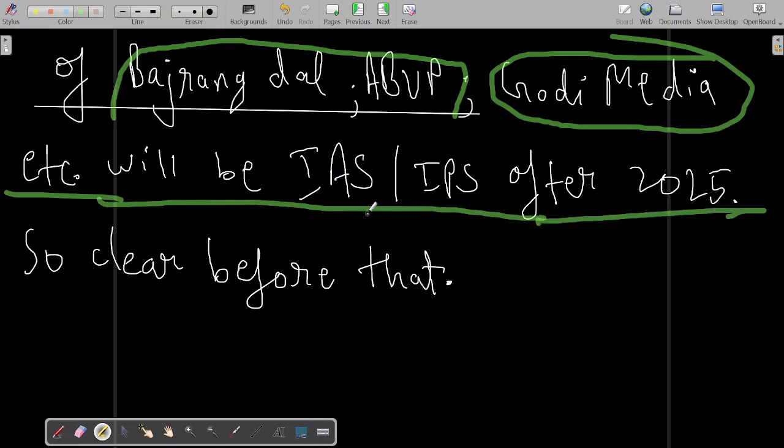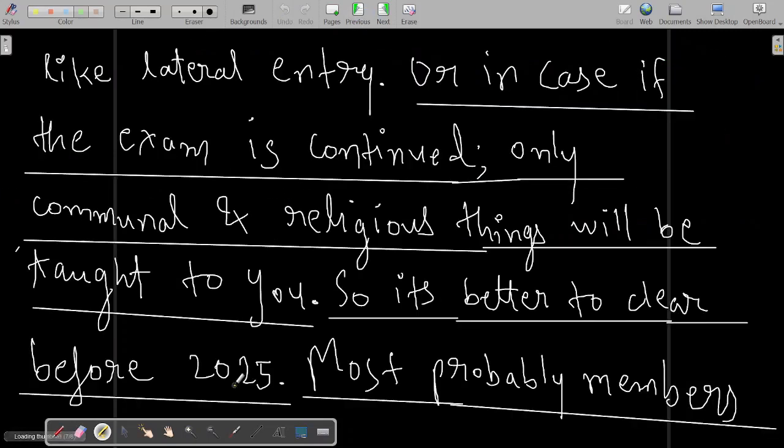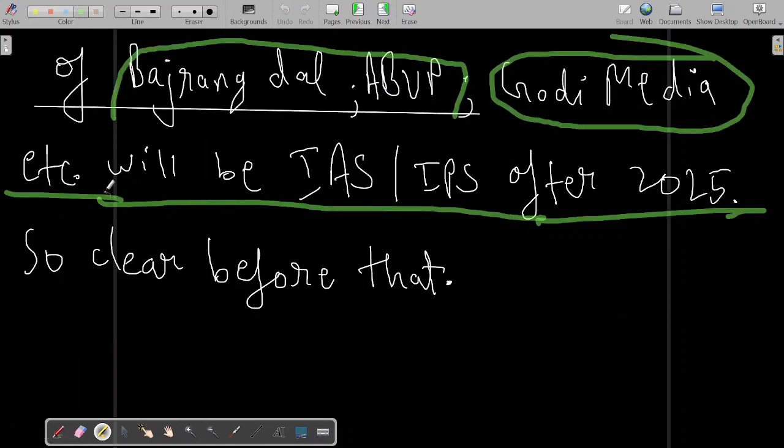Or if the exam is continued, then only rubbish things will be taught to you. So only these people will be IAS and IPS officers after 2025.